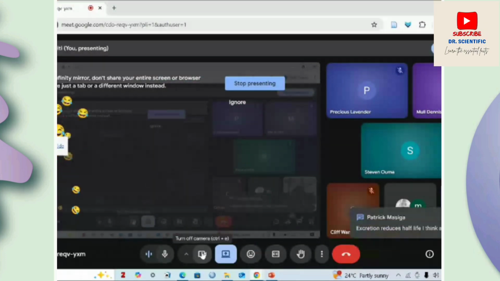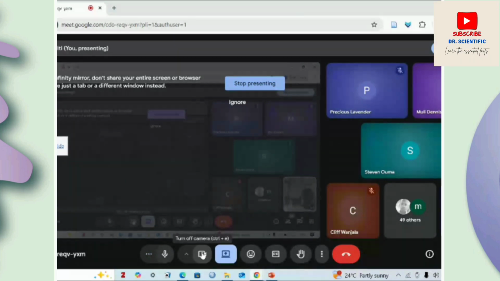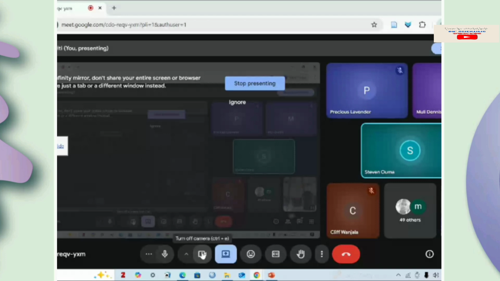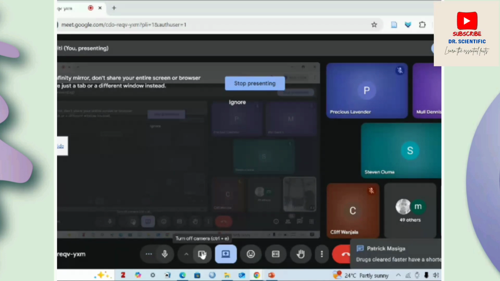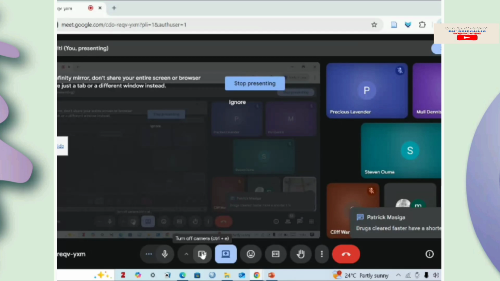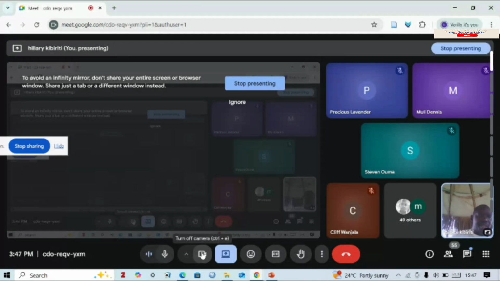When excretion reduces, you know what half-life means? Yeah. I think half-life is the time taken for a drug to decrease from the original concentration to half. Yes. So when we are eliminating it, are we increasing the half-life or reducing the half-life? We are reducing the half-life, isn't it? Because when you eliminate it faster, we get to half of its concentration faster.